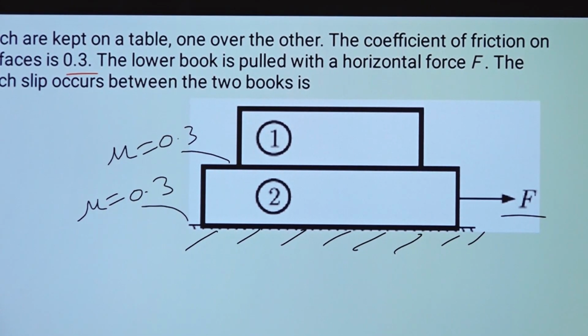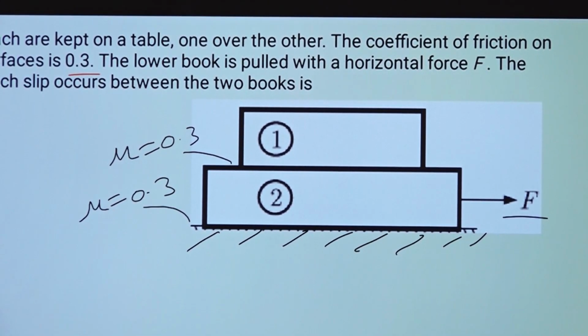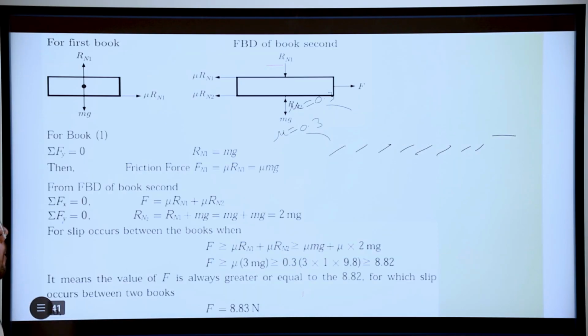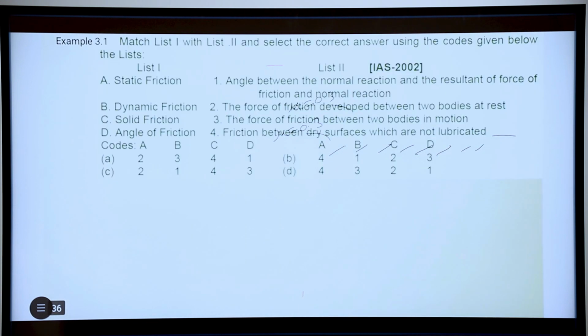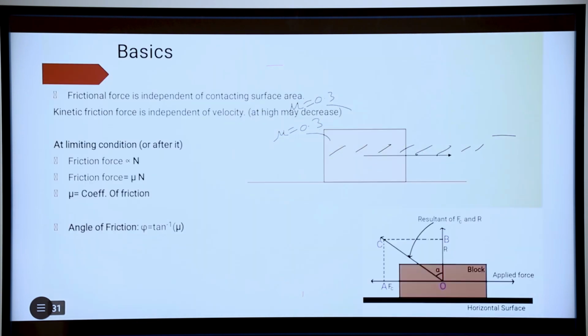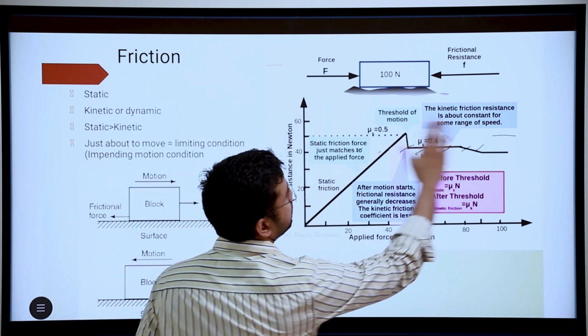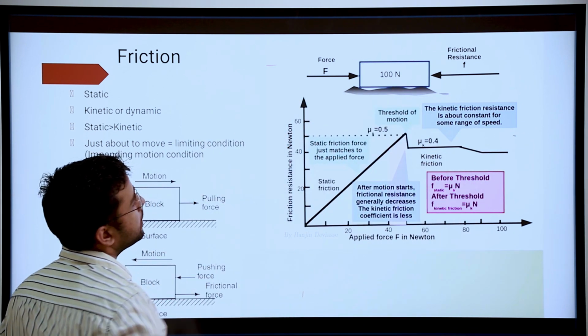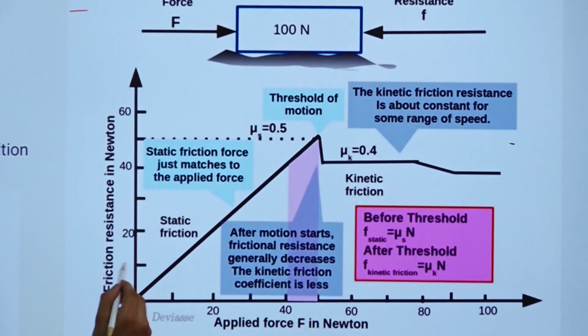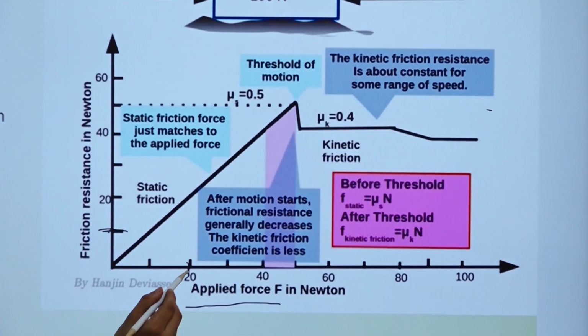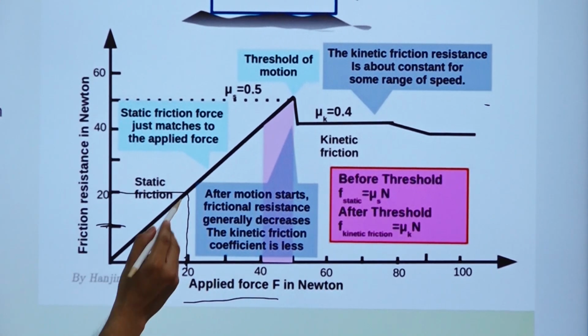So whenever slip occurs, initially when you apply some force, what happens, as we already know, I will just revise it. Initially, when you apply some force, the friction force will be equal to the applied force, right?